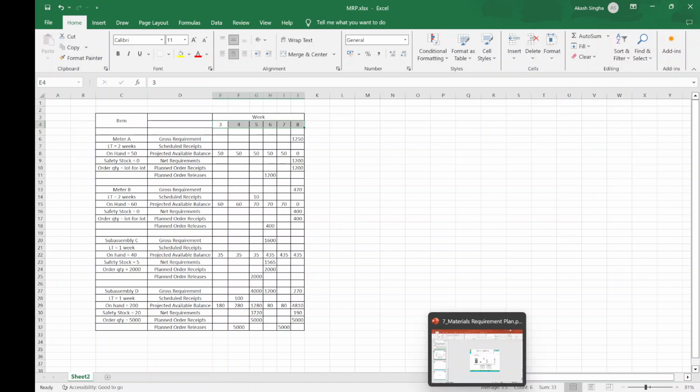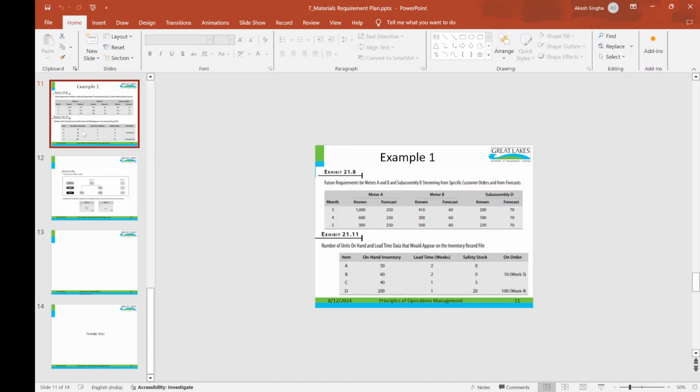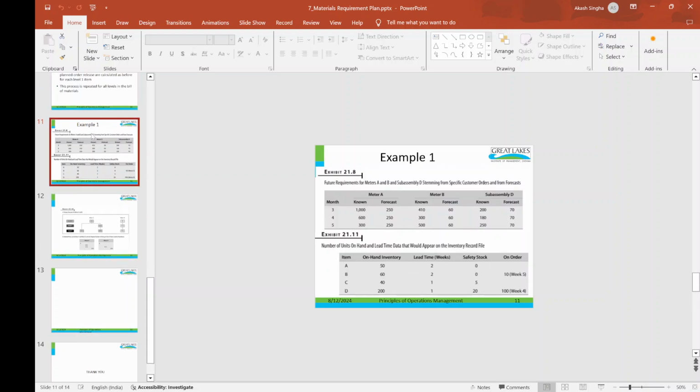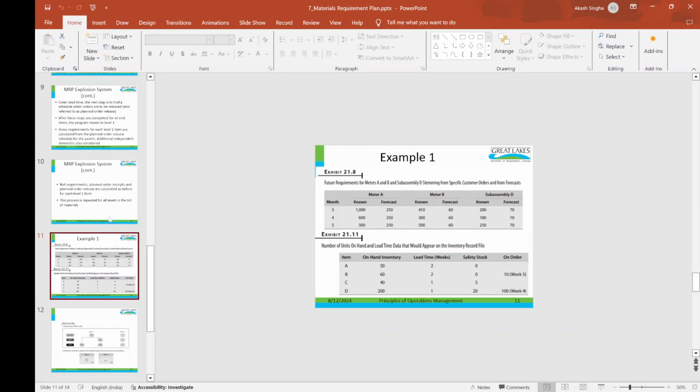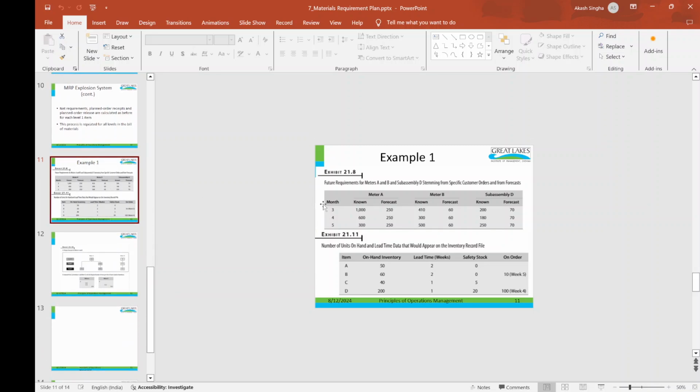So in the problem, the third month's demand is given, and we have to calculate it, right?